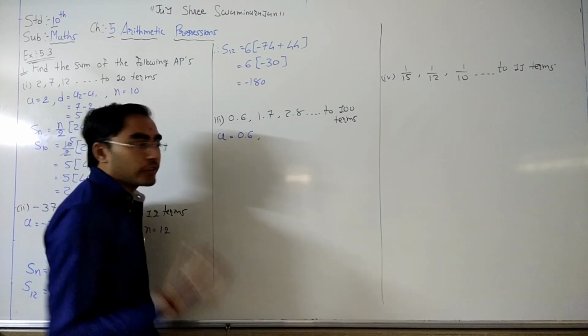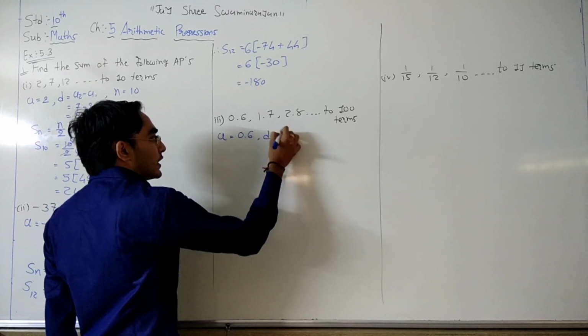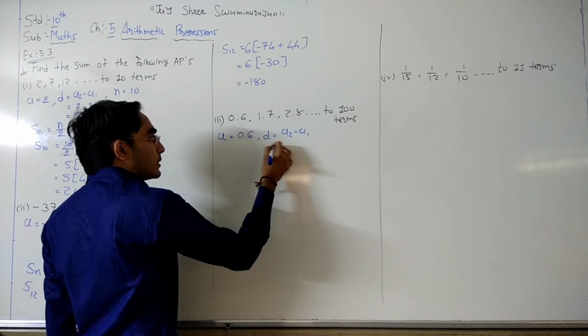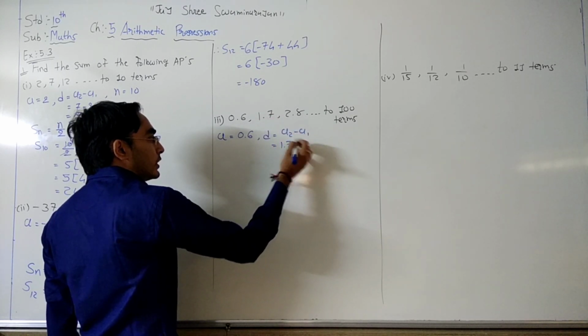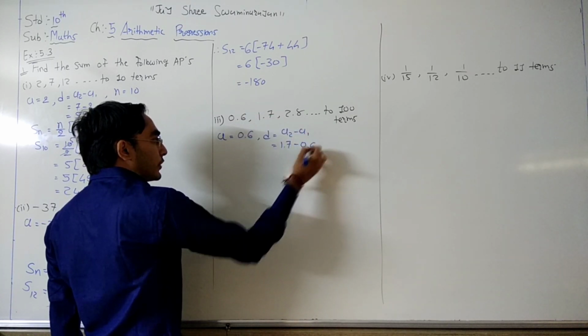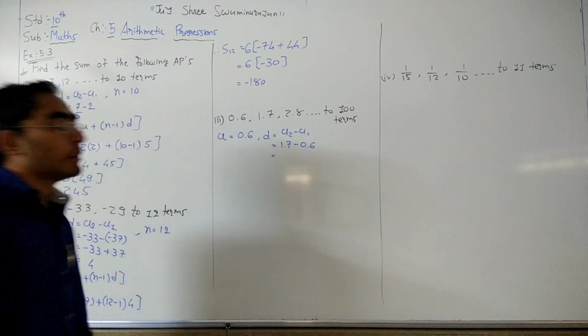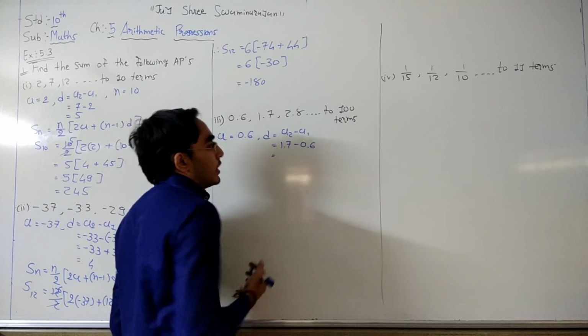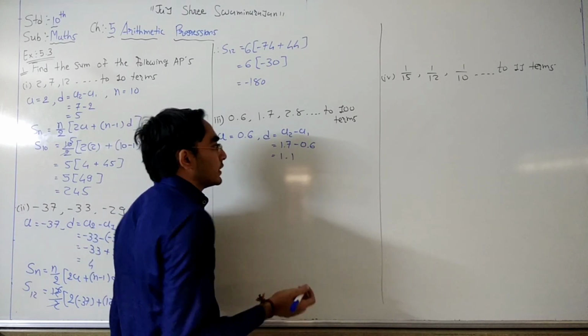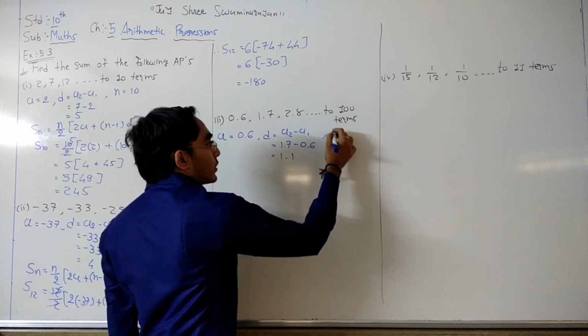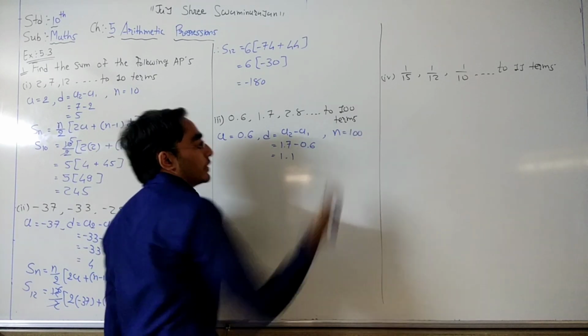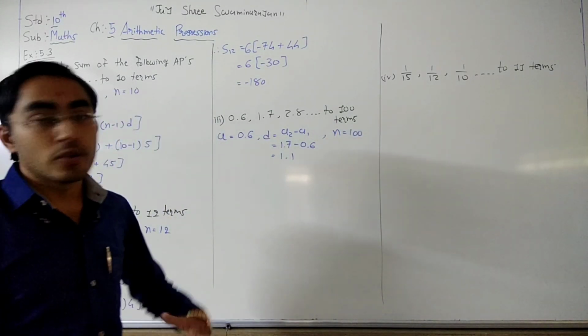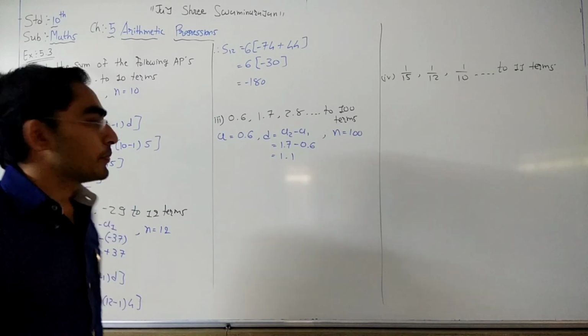After that, common difference d: second term minus first term, second term 1.7 minus first term 0.6. So 1.7 minus 0.6, it is 1.1, right? And our number of terms is 100, because here we need to find the addition of the first 100 terms.